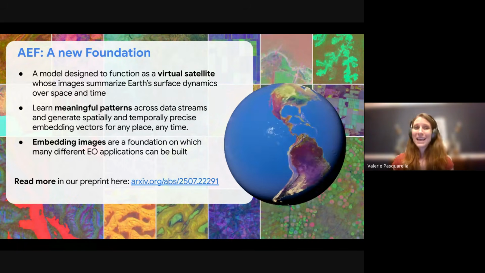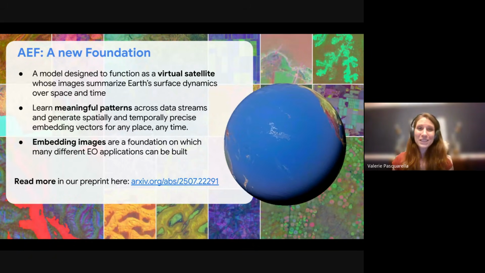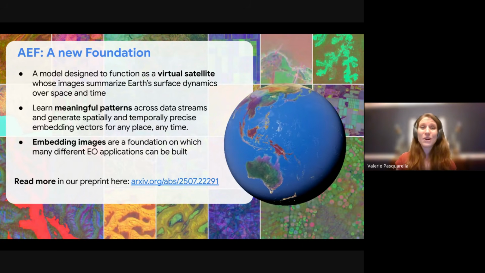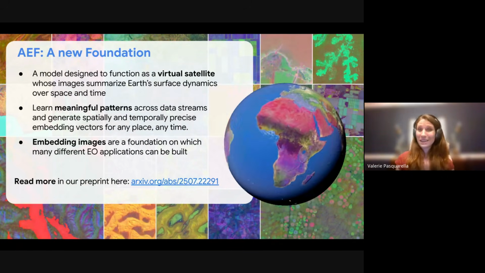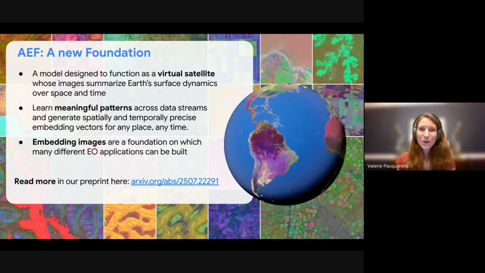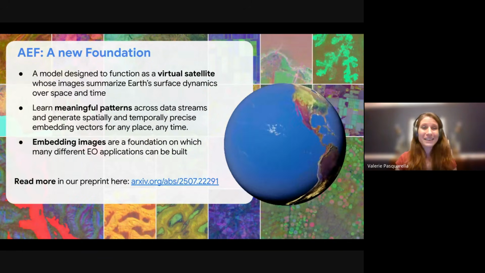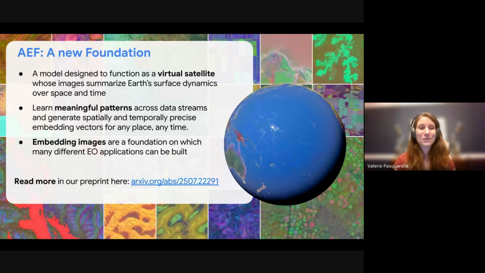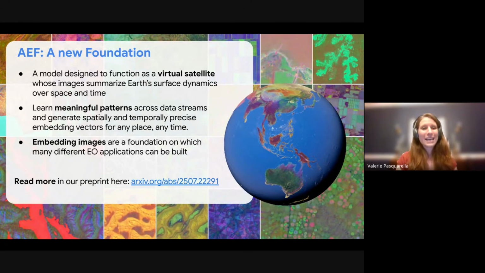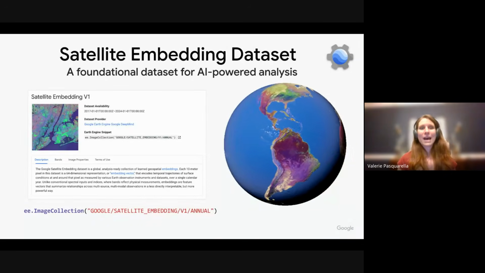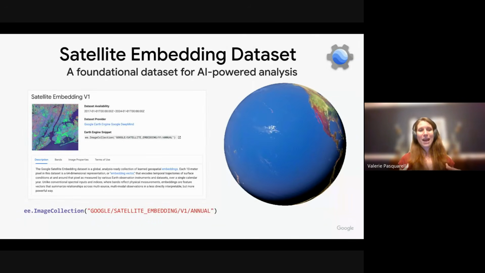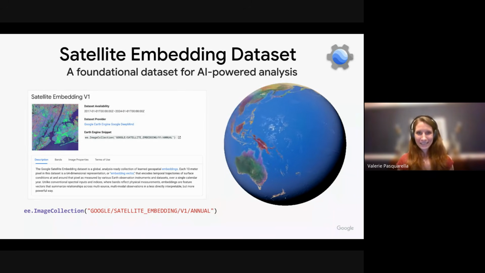You can think of AlphaEarth Foundations as this new foundation for analysis, generating embedding layers that you can use in all of your remote sensing workflows. It's our virtual satellite. It can learn all sorts of patterns across different data streams, and those embedding images are the core output. Those are what we have hosted in our satellite embedding data set.